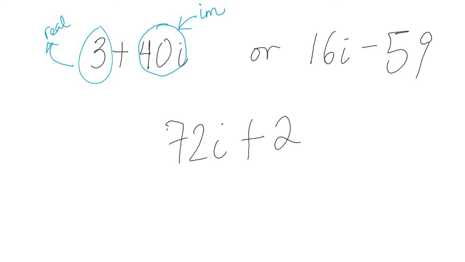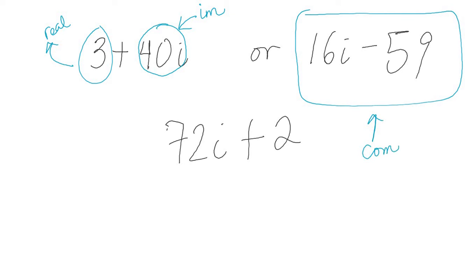Imaginary comes from the word i. So imaginary numbers are basically the numbers that have the i within them. So this is the imaginary part of this complex number, and this is the real part. So this entire thing is a complex number.